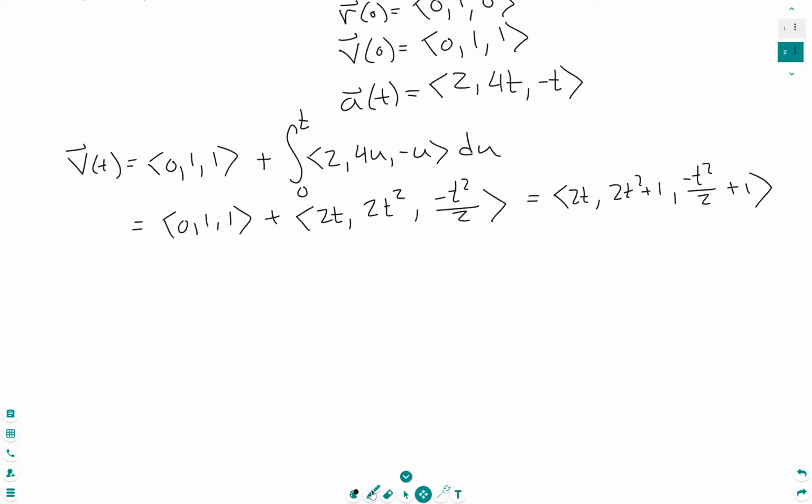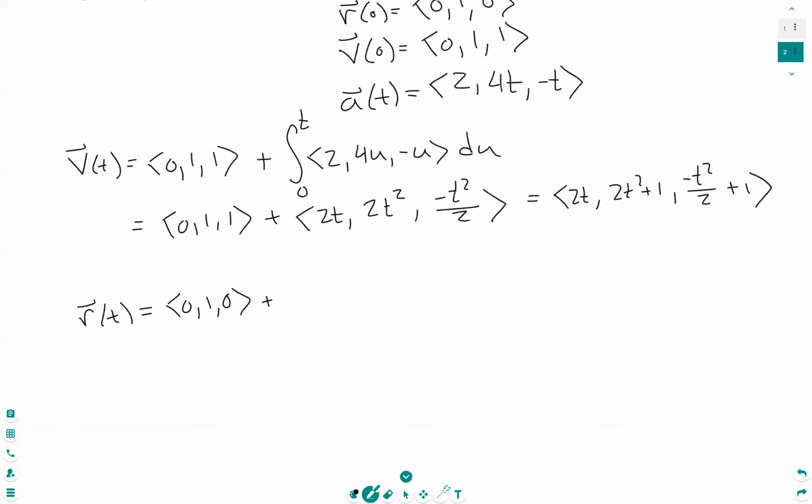Okay, now that we have velocity, we can work on position. So position, our r of t, is going to be at our starting location, which is given by our r naught here, which we said was 0, 1, 0.